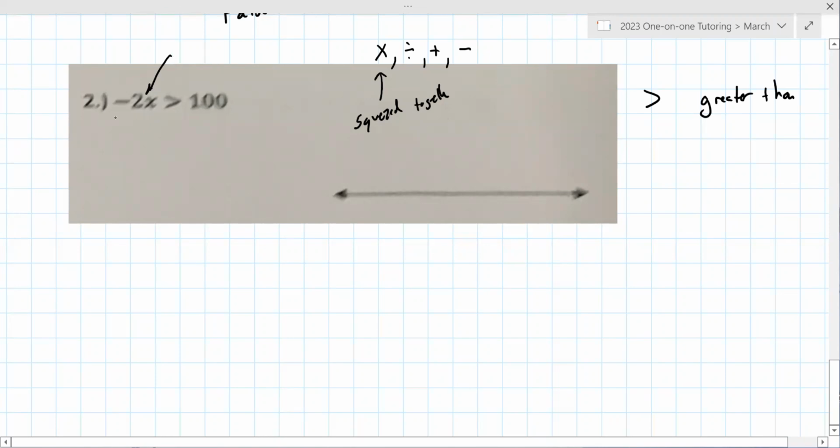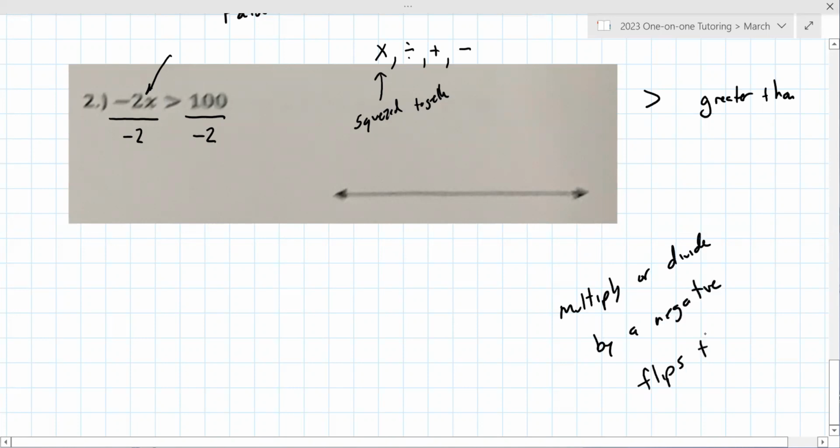So how do you undo multiplication? Division. Yes. So you're dividing both sides by -2. Now there's a very important thing here that's going to happen, which is whenever you multiply or divide by a negative, it flips the inequality.